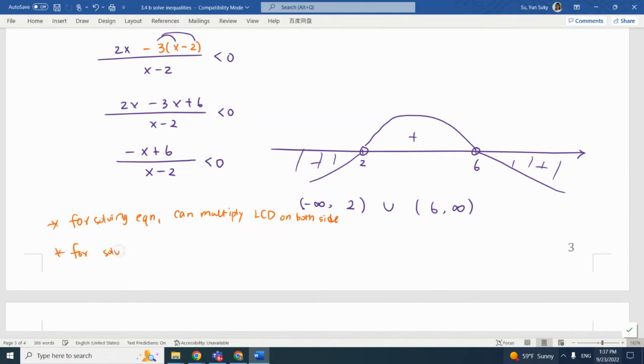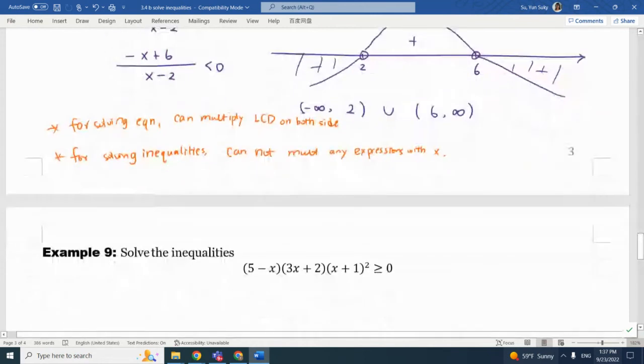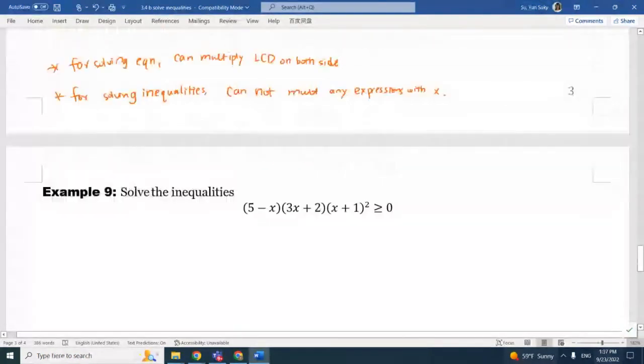But for solving inequalities, we cannot multiply by any expression with x in it. Is that clear, everybody? Because we cannot tell whether that expression is positive or negative, and you don't know how it will change the inequality, if it's the same or if it's flipped. So that's why we do not multiply by any expressions with x in it. Okay. All right.